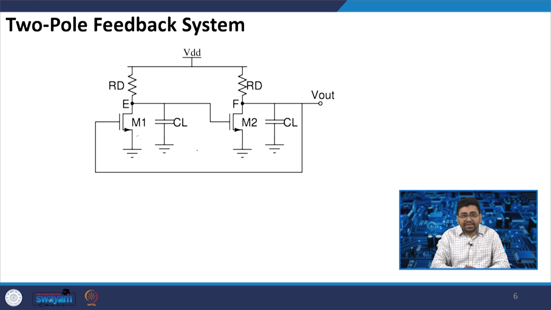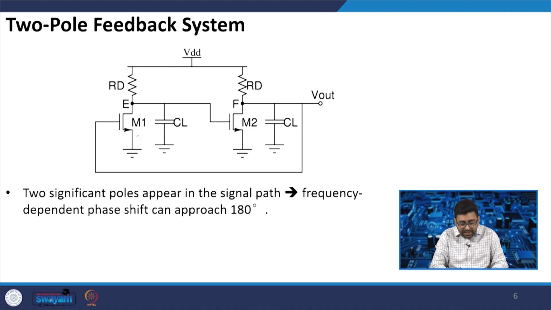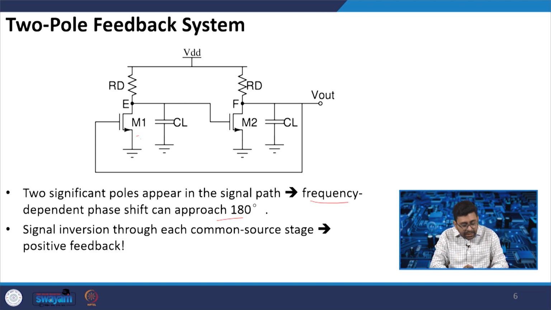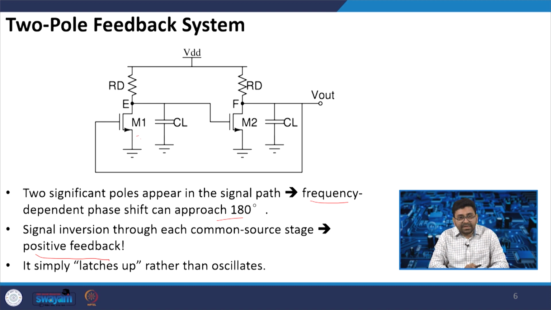So, that is adding positive feedback, and the frequency dependent phase shift is 180 degrees. Two significant poles appear in the signal path, and there is signal inversion through each common source stage. So, that is positive feedback, and that is why it simply latches up rather than oscillates.